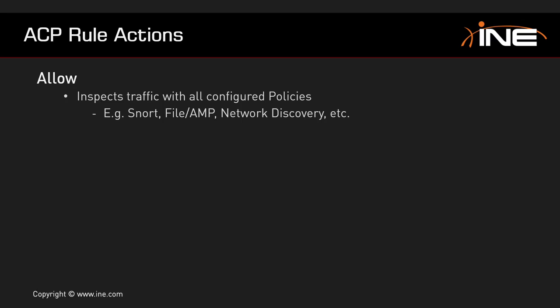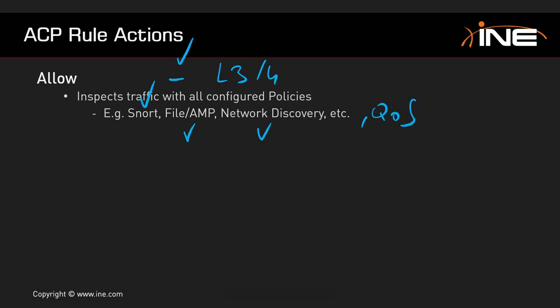Okay, so the access control policy itself is able to enforce this pass or block behavior in general based on those layer 3 and 4 access rules. But you still have other engines like IPS, like file or advanced malware protection. You still have other policies like network discovery, like QoS, like identity, that get activated by your rule.